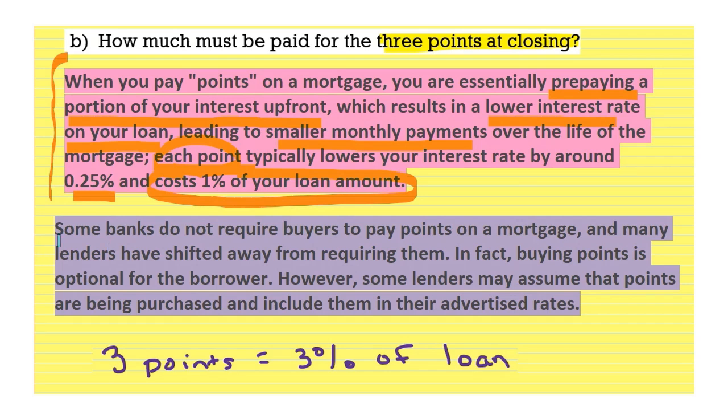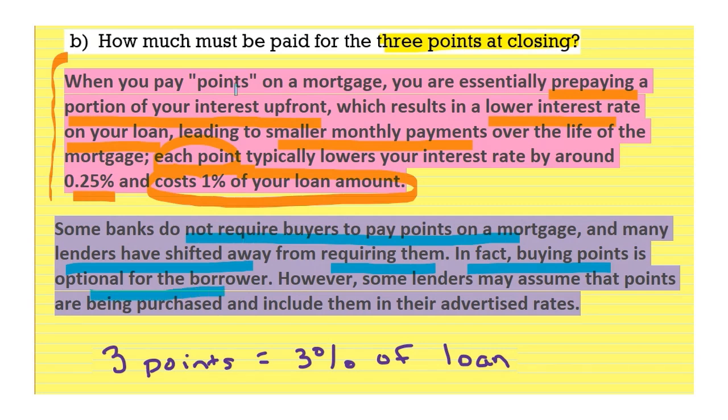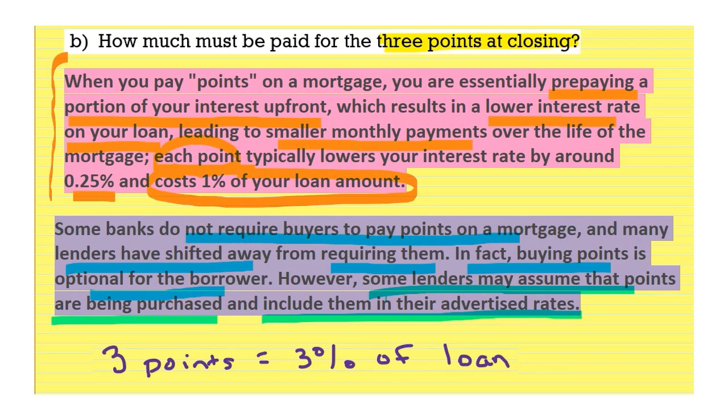Some banks do not require buyers to pay points on a mortgage, and many lenders have shifted away from requiring them. In fact, buying points is optional for the borrower. However, some lenders assume that points are being purchased and include them in their advertised rates.